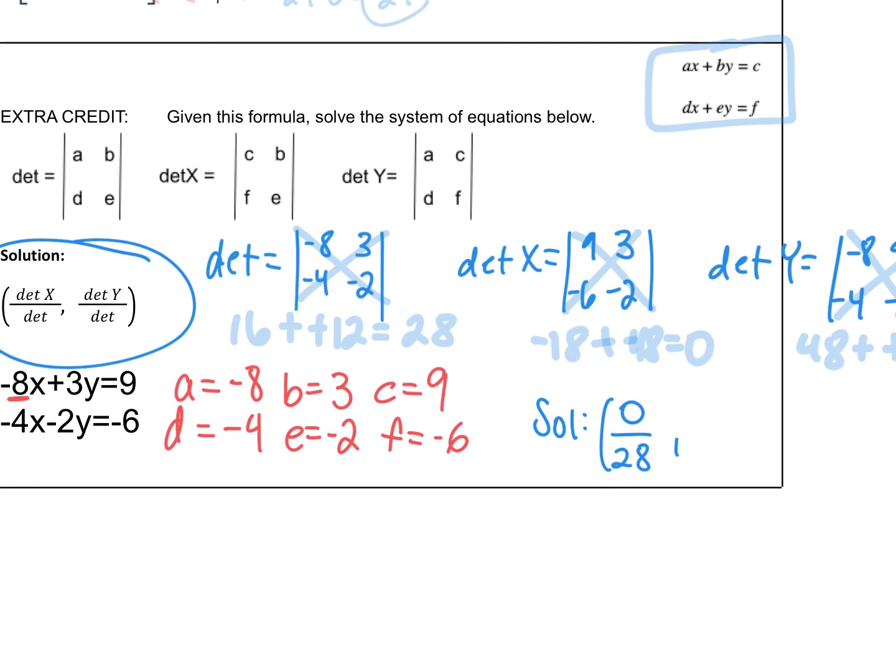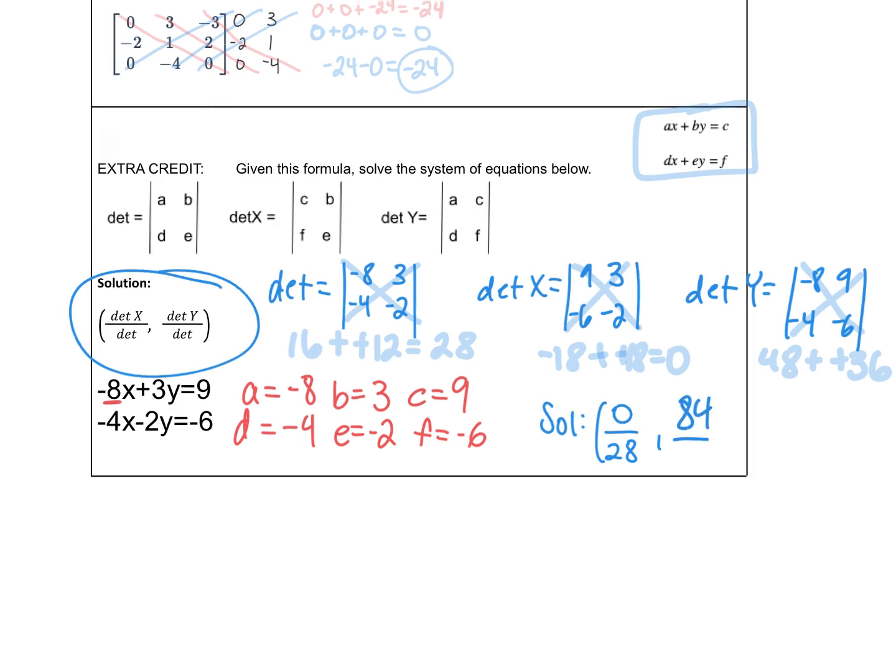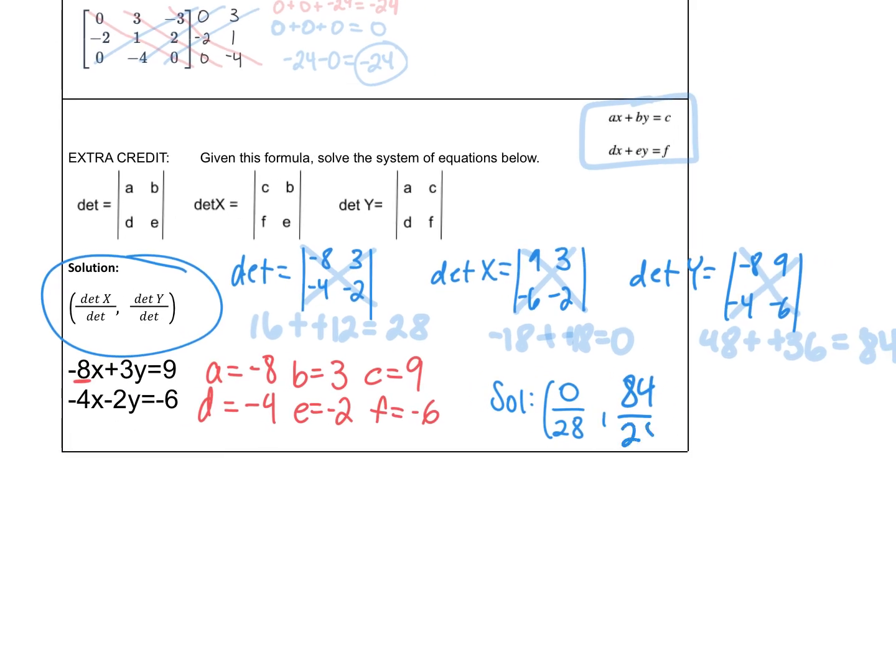And then DETY, which is 84 divided by DET, which is 28. And if we simplify that, 0 divided by 28 is 0, and 84 divided by 28. What is 84 divided by 28? Three. Cool. You were right.